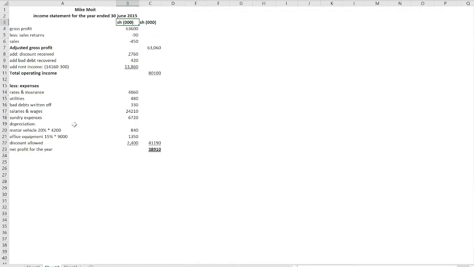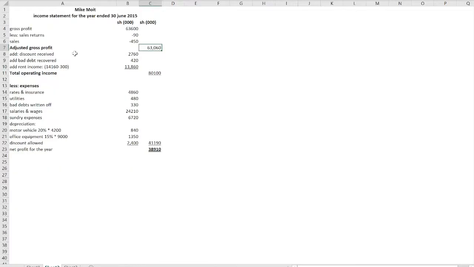From the 63,600, we now less the sales return which was overcast, as well as the sales day book which also had been overcast. The sales returns were 90, as well as the sales from the day book which were 450, so that we get our adjusted gross profit.